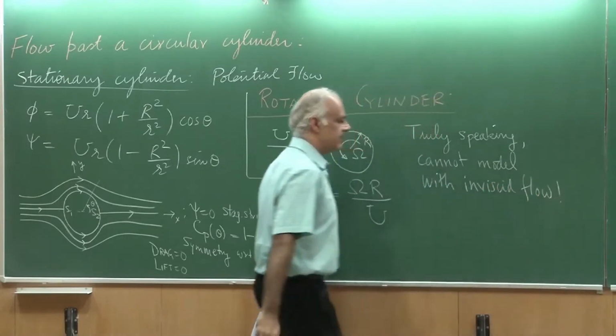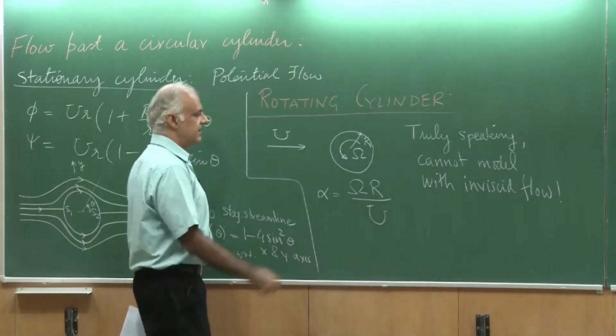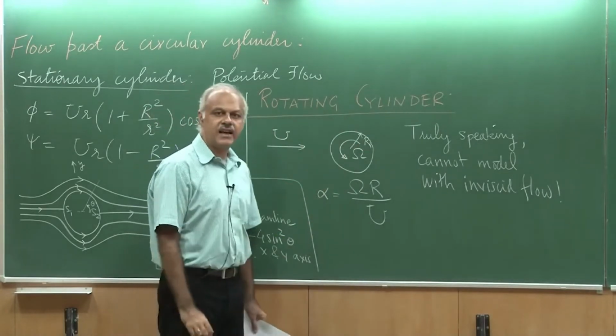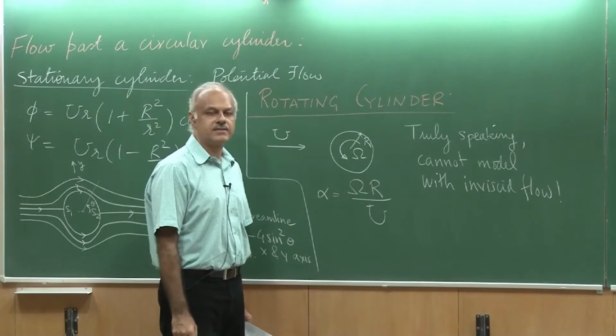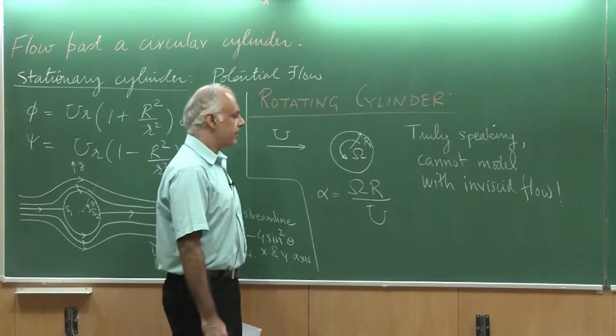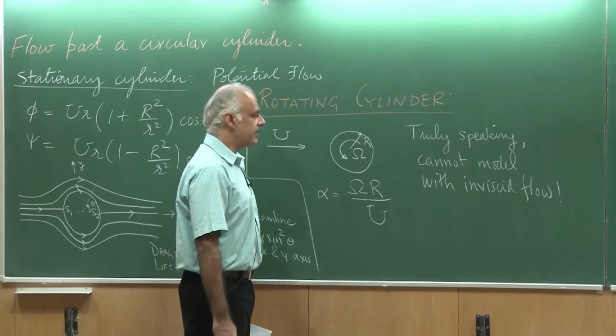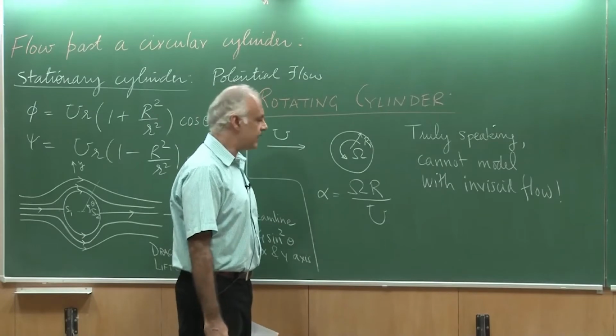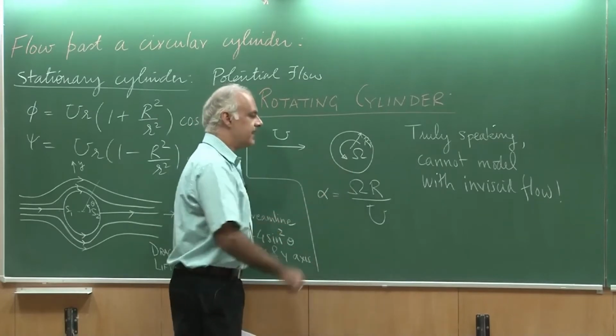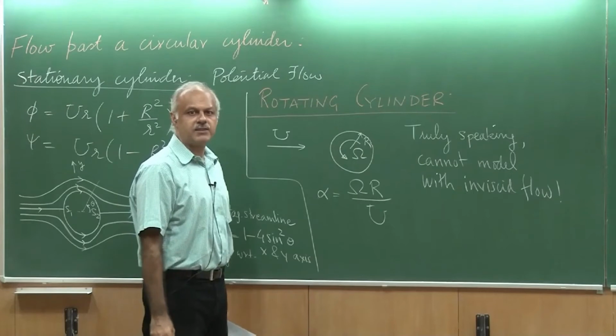As I said, if the flow is frictionless, then the cylinder keeps spinning and the flow doesn't even know about it. Okay? But we want to see, is there any other way that we can model, maybe not in the entirety, but at least some aspects.